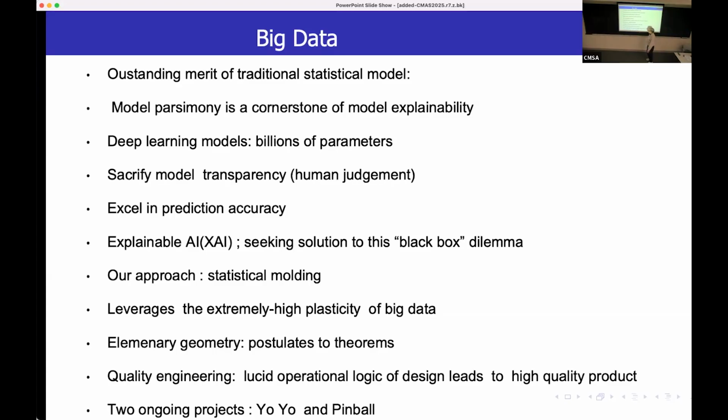Okay, it's all because of these things I call the statistics. Big data, this is one property I think is very important. It's highly plastic in the sense that you can almost manipulate it so that whatever result you want, it can generate for you. It's good, but it's also bad. All right?